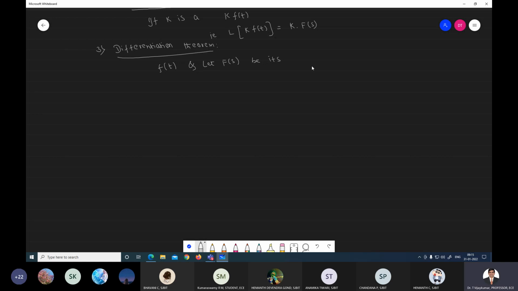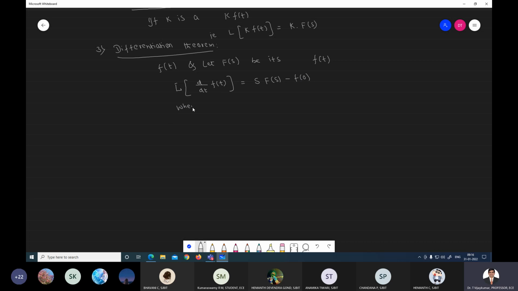The Laplace transform of the first derivative of small f(t) is given as, note down, see the board: Laplace of d by dt f(t) is equal to s into F(s) minus f(0).